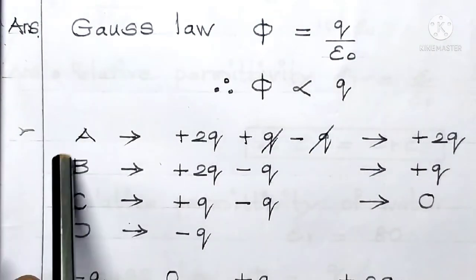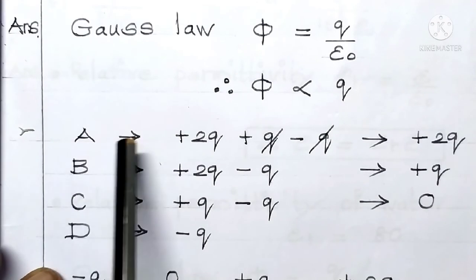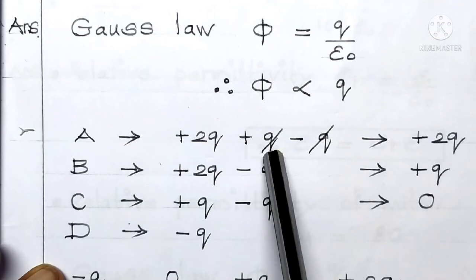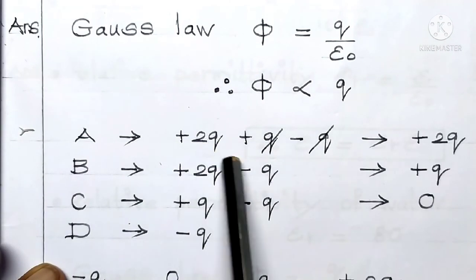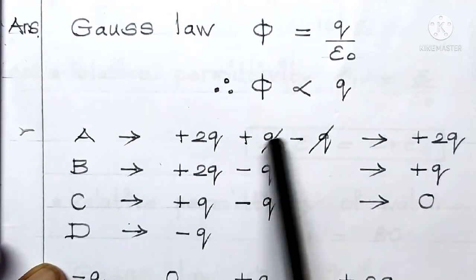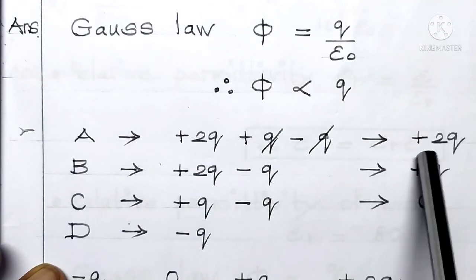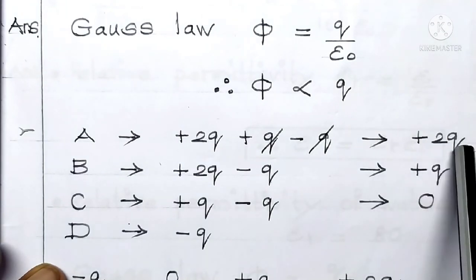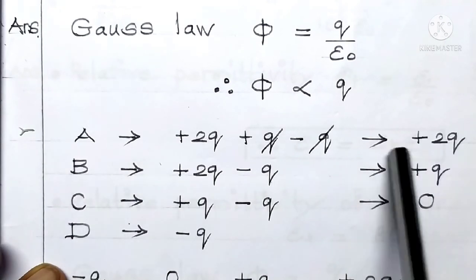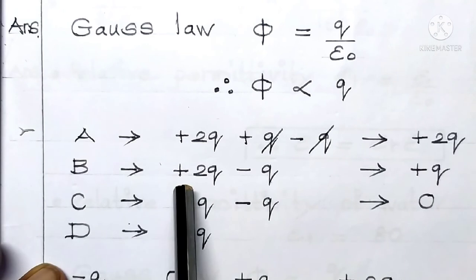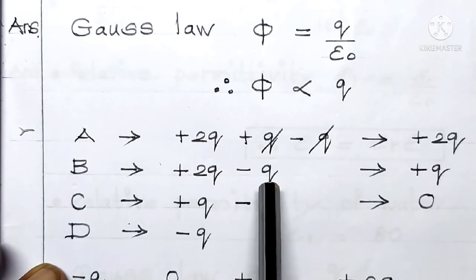In the Gaussian surface A, what charges are there? Plus 2Q, then plus Q, then minus Q. Let us sum them up. While summing them, plus Q and minus Q get cancelled. So finally we are left with plus 2Q. In Gaussian surface B, plus 2Q and minus Q are there.